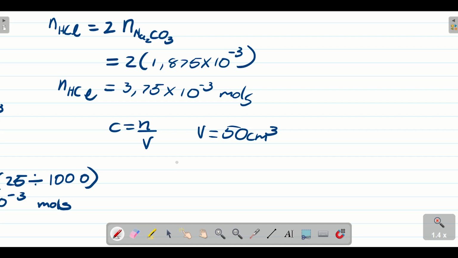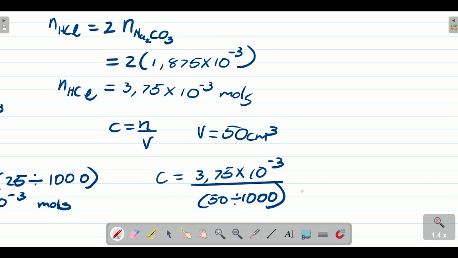Therefore, we'll have a concentration of 3.75 times 10 to the -3 over 50 divided by 1,000 to leave it in decimeters. If we punch that into our calculators, we get 0.075 moles per decimeter cubed.